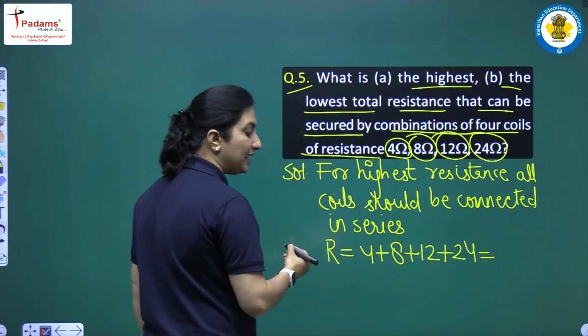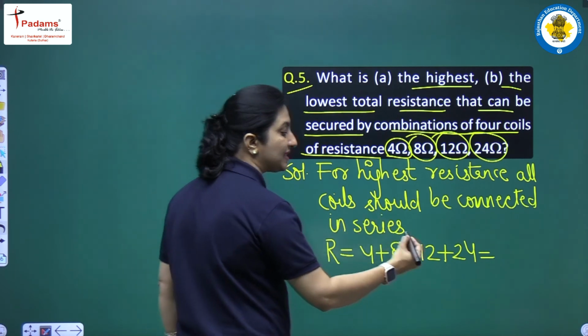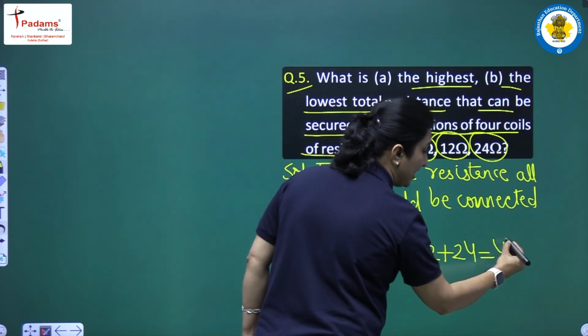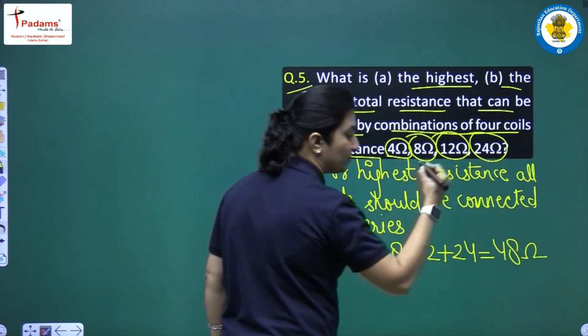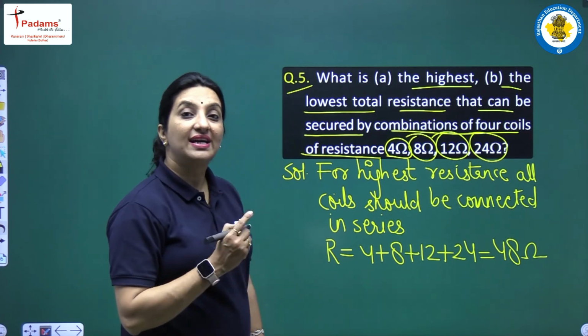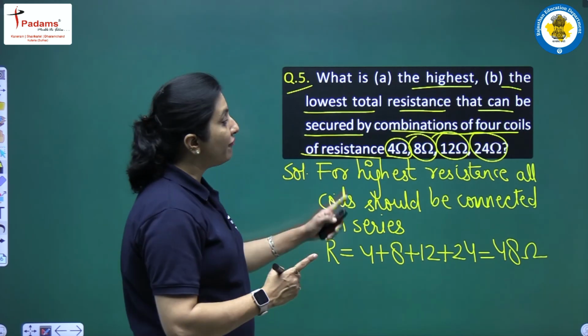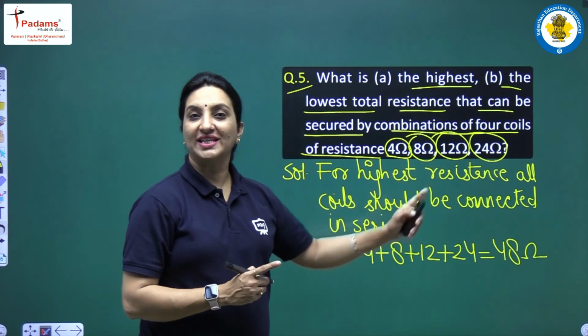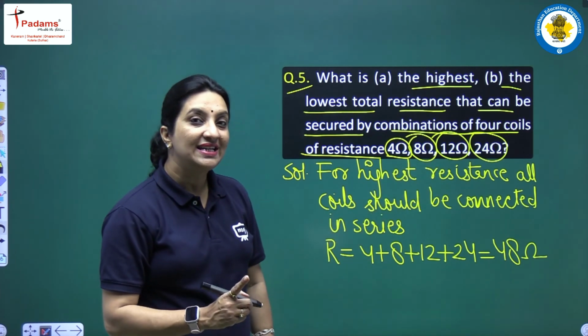So what will be the equivalent resistance? The equivalent resistance will be 48 ohms. So this will be the highest resistance from these 4 coils. They will be connected in series.